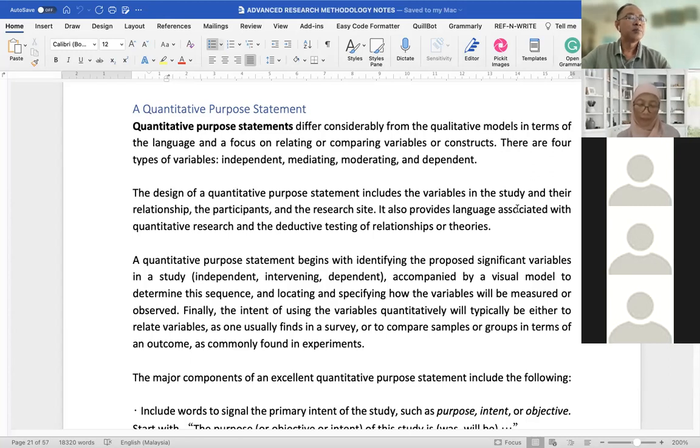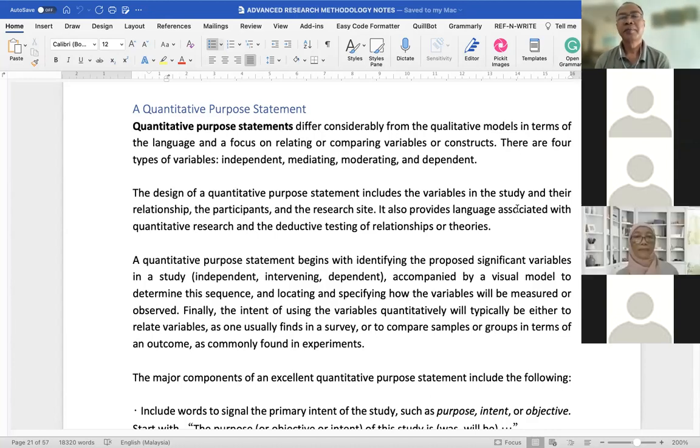Why? Because previous studies usually tested the validity and reliability of the items. If you do it yourself, it will be more difficult because you will have to do the testing of validity and reliability, face validity, and other tests.